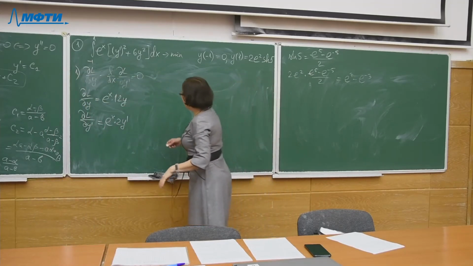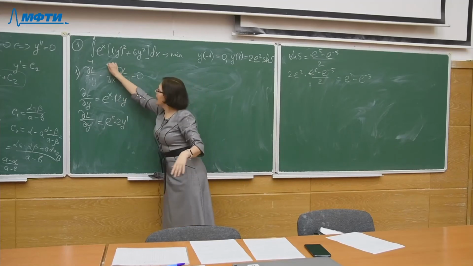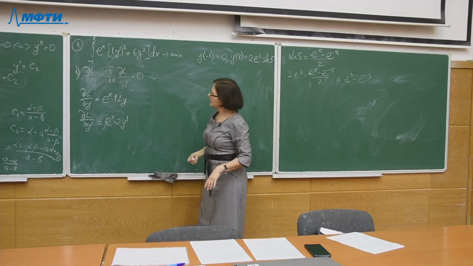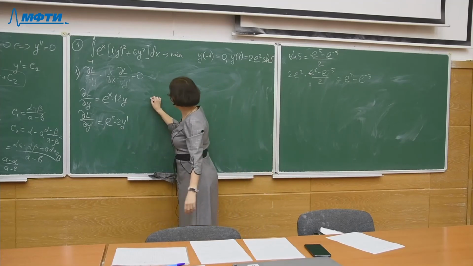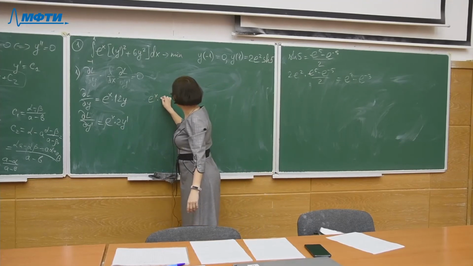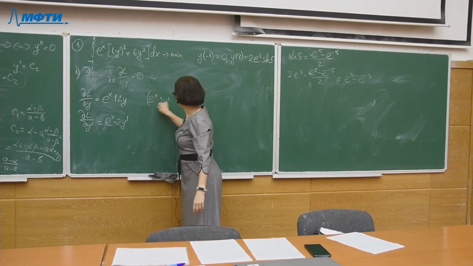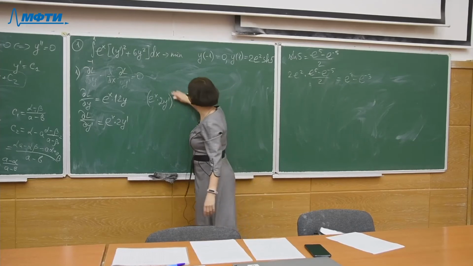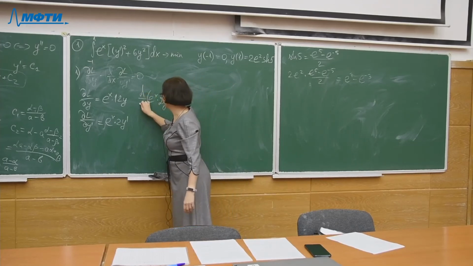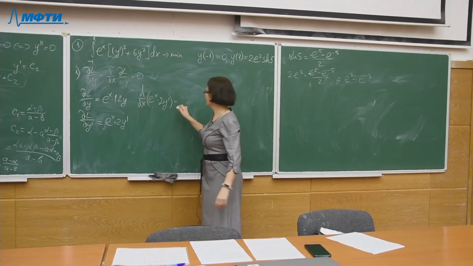Next we need to find the total derivative with respect to x. So we must take this and differentiate with respect to x. It's better to write it as d over dx. What is the total derivative?